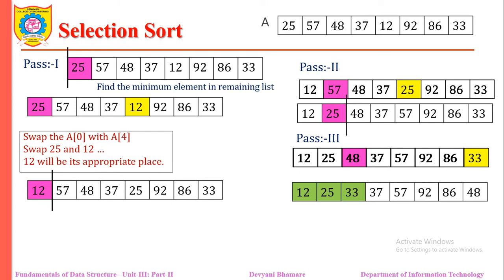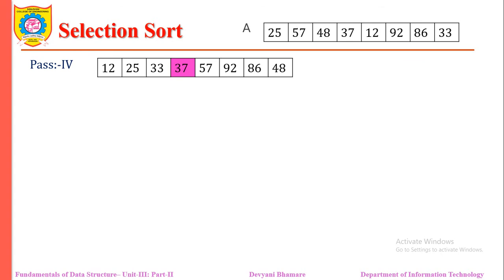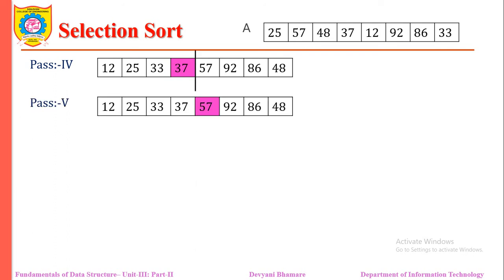In this fashion, at every pass, after pass 3, the 3 elements are sorted. There are a total of n-1 passes required. In pass 4, the fourth element is swapped with the next minimum element, and we identified that 37 itself is a sorted element. Next, 48 will be swapped with 57.